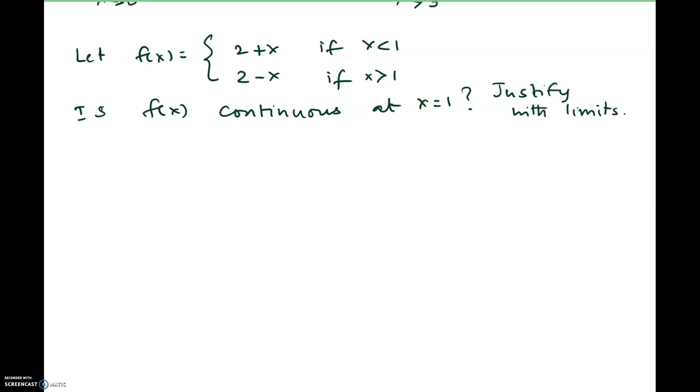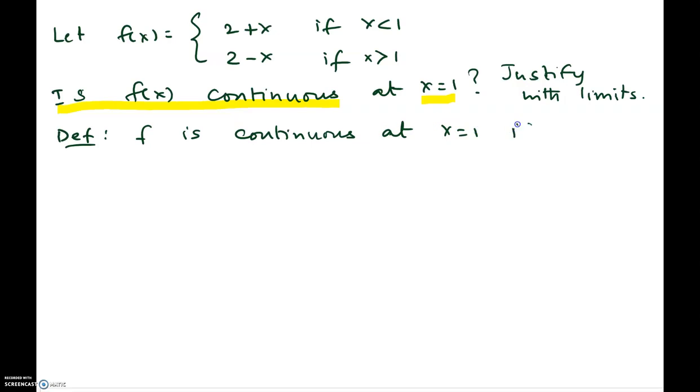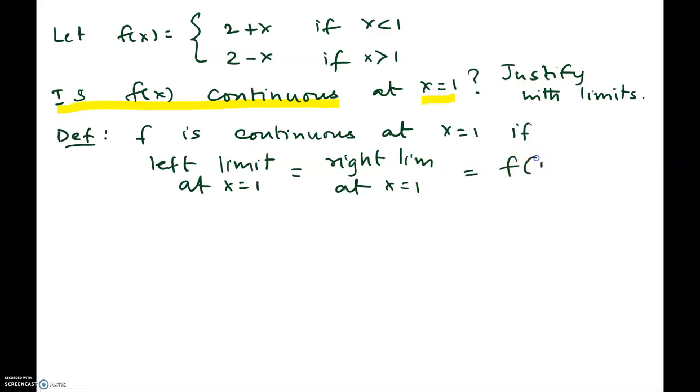Here is another example. Is f of x continuous at x equal to 1? We want to justify with limits. Let me write the definition of continuity. The definition is: f is continuous at x equal to 1 if the left limit at 1 equals the right limit, which equals f of 1.